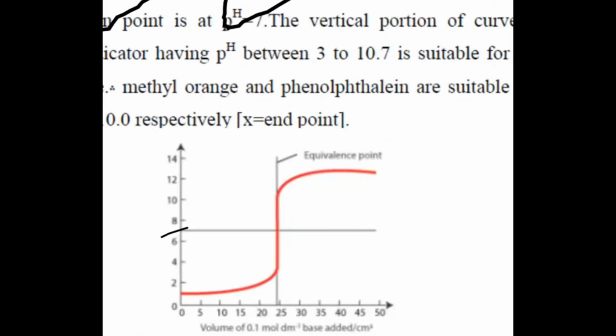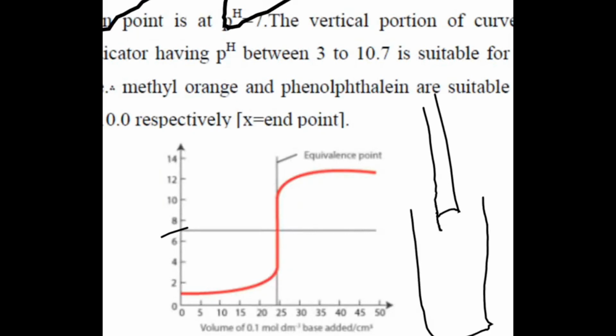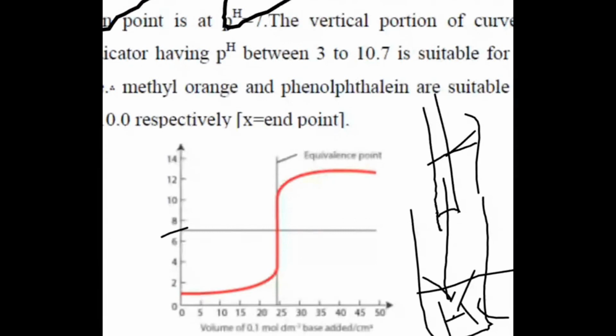It is shown exactly because this is strong acid versus strong base. When you add strong base, sodium hydroxide, to the beaker containing hydrochloric acid, the strong acid, whatever volume you add, it gets neutralized at pH 7.